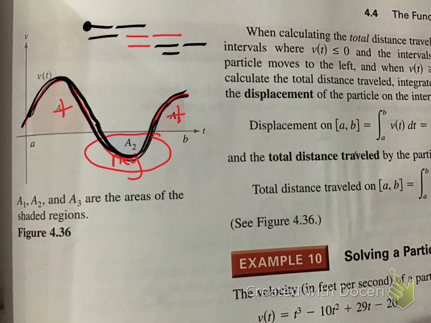But the displacement means how far are you from where you started. So the displacement for this little 2 steps forward, 1 step back thing that I was talking about, I would only be able to count from here to here. It would be like 1, 2, 3, 4 steps is all I would be able to count.